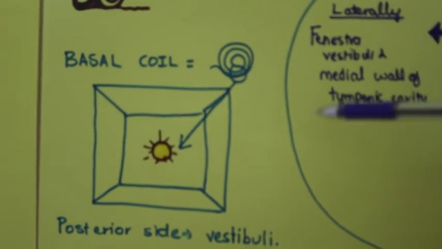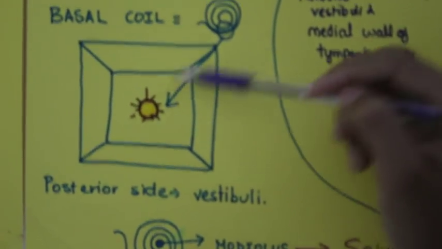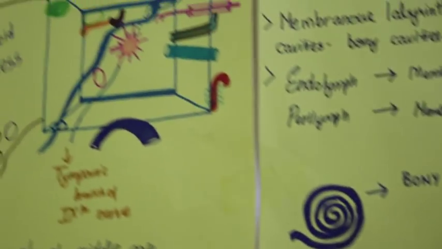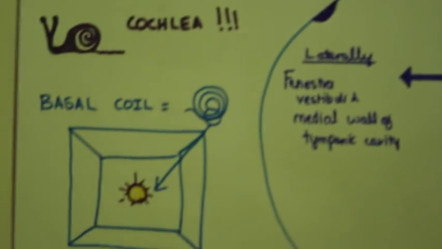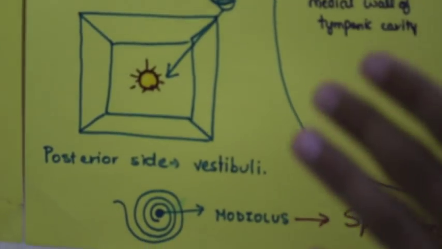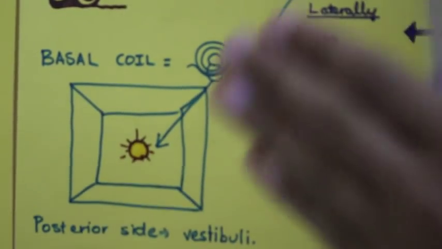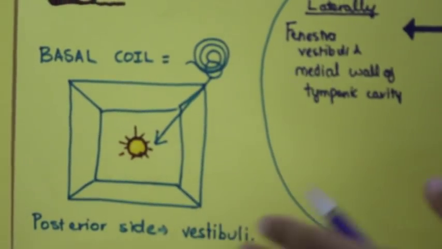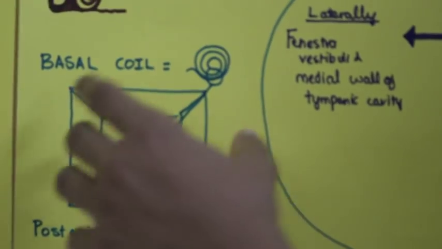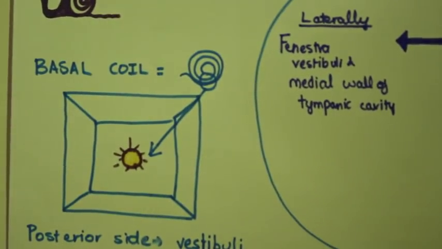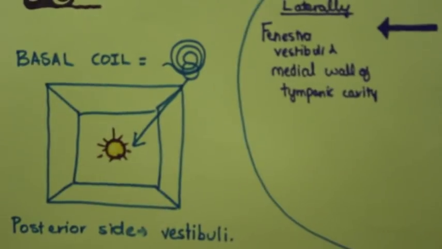Below it the oval window and the round window are present, fenestra vestibuli and fenestra cochleae. And here our posterior side is the vestibule. The medial side of the middle ear cavity is the vestibule, and the vestibule contains the saccule and the utricle, and those are very important organs which I shall explain now.